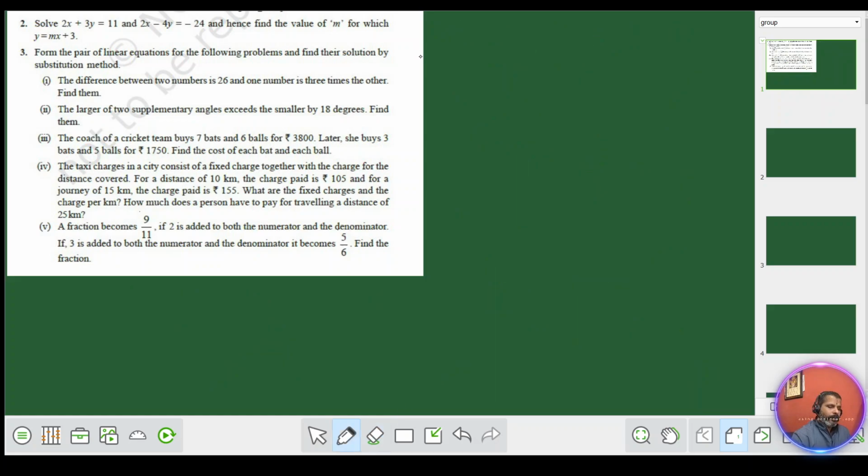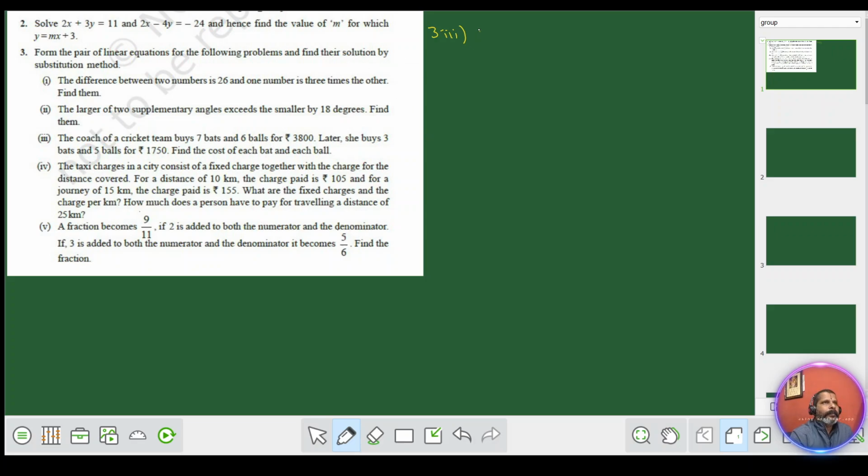So next question, third question. The coach of a cricket team buys 7 bats and 6 balls for 3,800 rupees. Later, she buys 3 bats and 5 balls for 1,750 rupees. Find the cost of each bat and the ball. We don't know the cost of each bat and ball. We'll assume it's x and y. Okay.